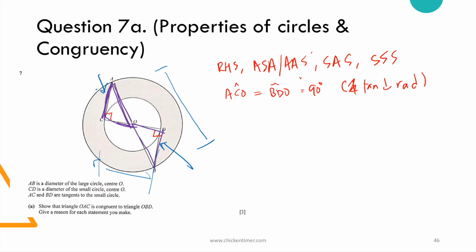Then this angle and this angle, AOC is the same as BOD because they are vertically opposite angles. Then finally, CO equals DO because it's the radius of the small circle.